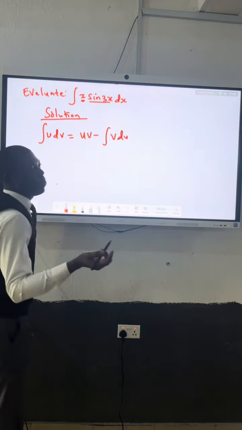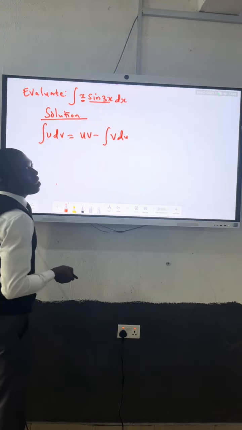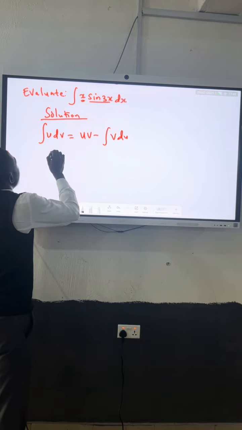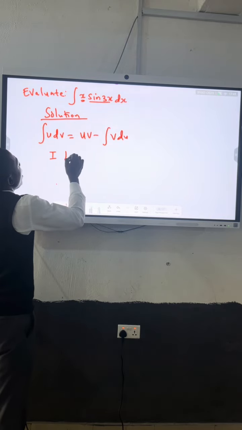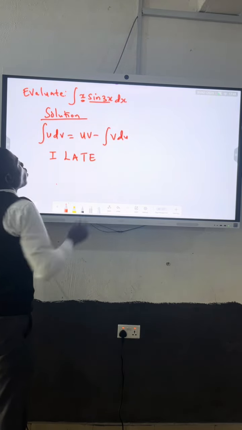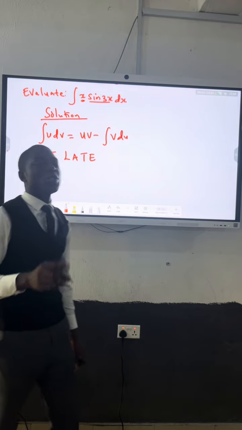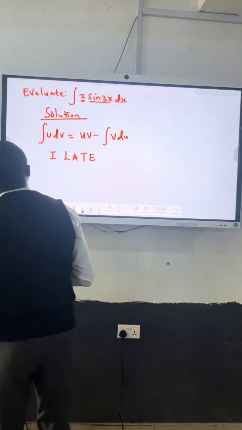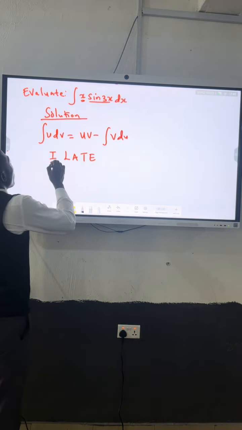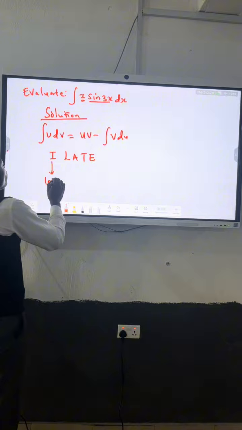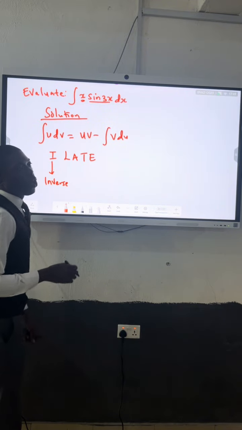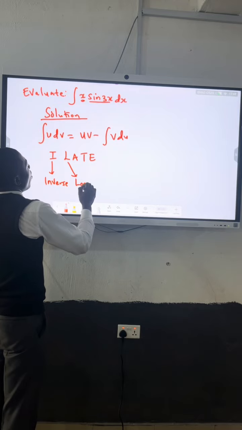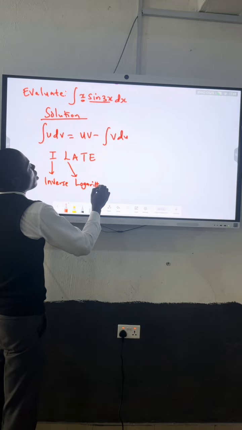So I want to show you an acronym that you can follow in the choice of your u. You use this acronym called ILATE. If you follow it in the choice of your u, it's going to be very helpful when you want to carry out integration by parts. I stands for inverse trigonometric function. L stands for logarithmic function.